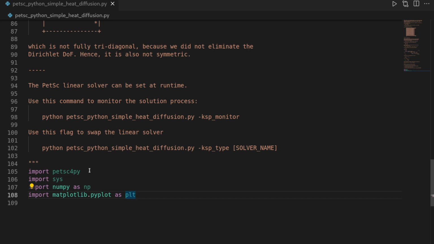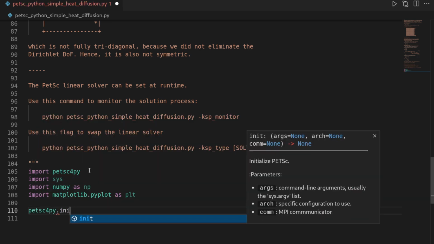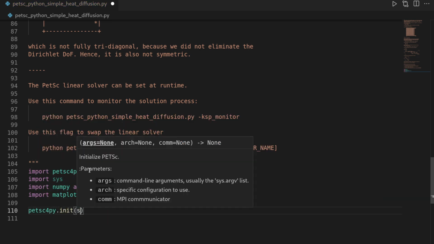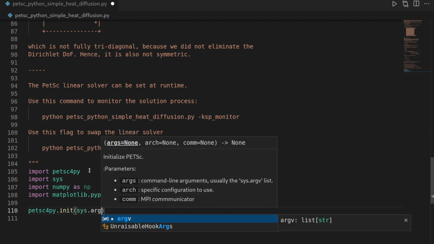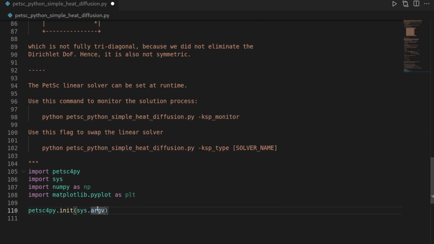And then we have to initialize petsc4py by saying petsc4py.init and pass over sys.argv. sys.argv is the list of arguments our Python file is executed with. And this has to be handed over because that is a common pattern when you see MPI-based programs.